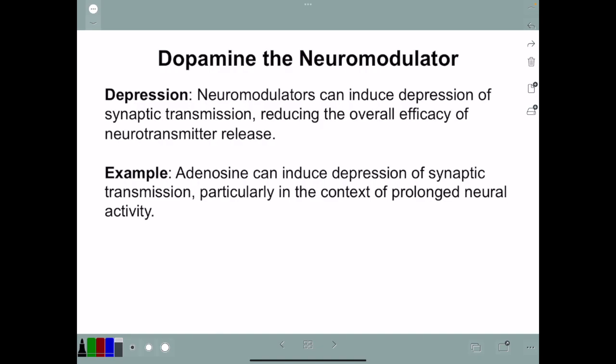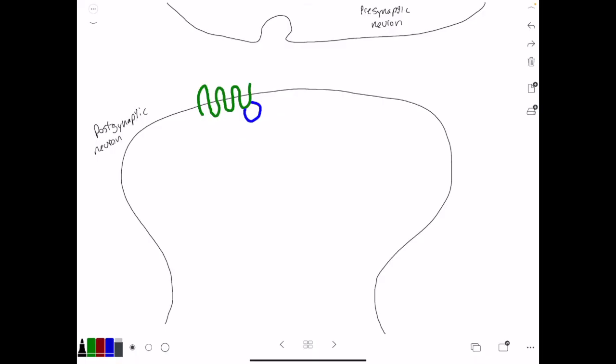And in this example, we're going to look at adenosine and how it can induce depression of synaptic transmission. So let's take a look. All right, so this looks familiar here. Same setup as before with serotonin.